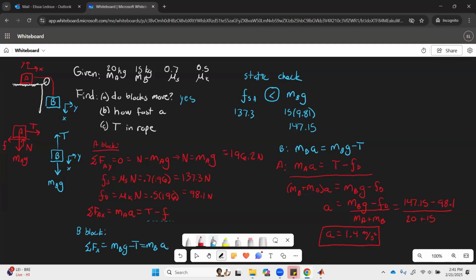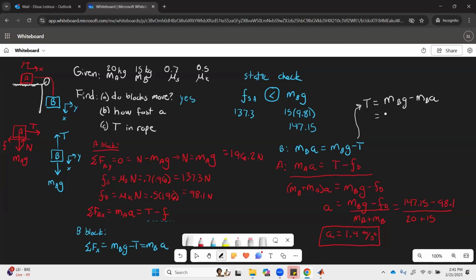Now to solve for tension, we will take one of these equations, either equation, it doesn't really matter which, but we'll take this equation here and solve for tension. So we move T to the other side, and then we move MBa to the right, and we'll have T equals MBg minus MBa.